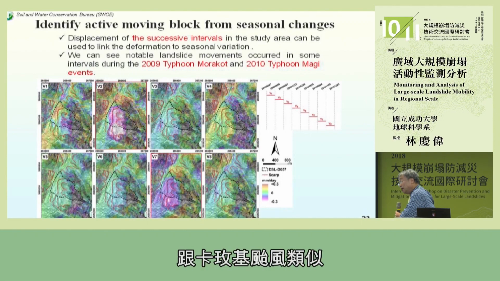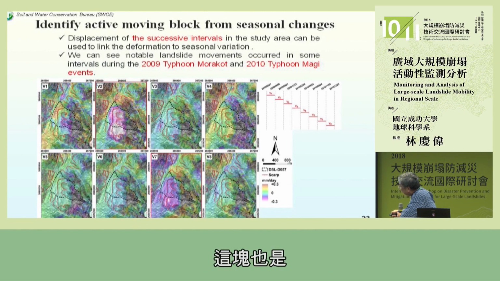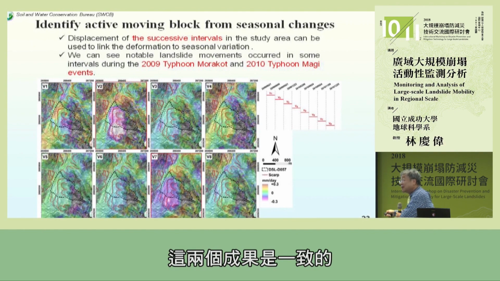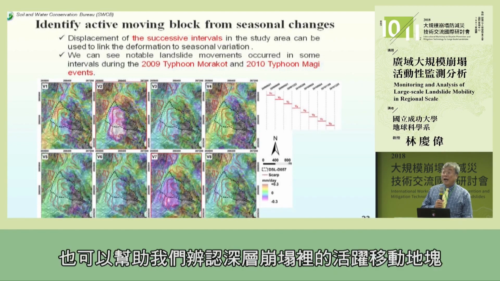Similarly for Typhoon Kammuri, we see this one has much more displacement moving downward, and also this one. These two are consistent. So we think TCP InSAR can also help us identify active moving blocks within the deep-seated landslide.